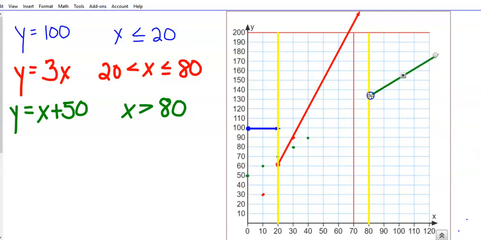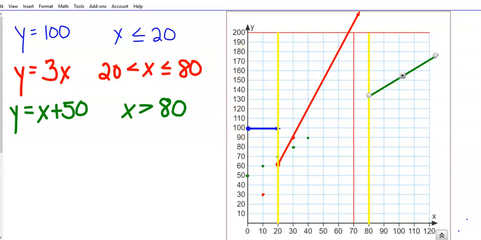So if I did that, if I took away parts and just included the parts that were within these restrictions, then that would work. This would be a function, but I still need to look at the blue one and the red one and figure out what I'm doing here, because there's 2 points right now that are in the same vertical line. So the blue one included 20.